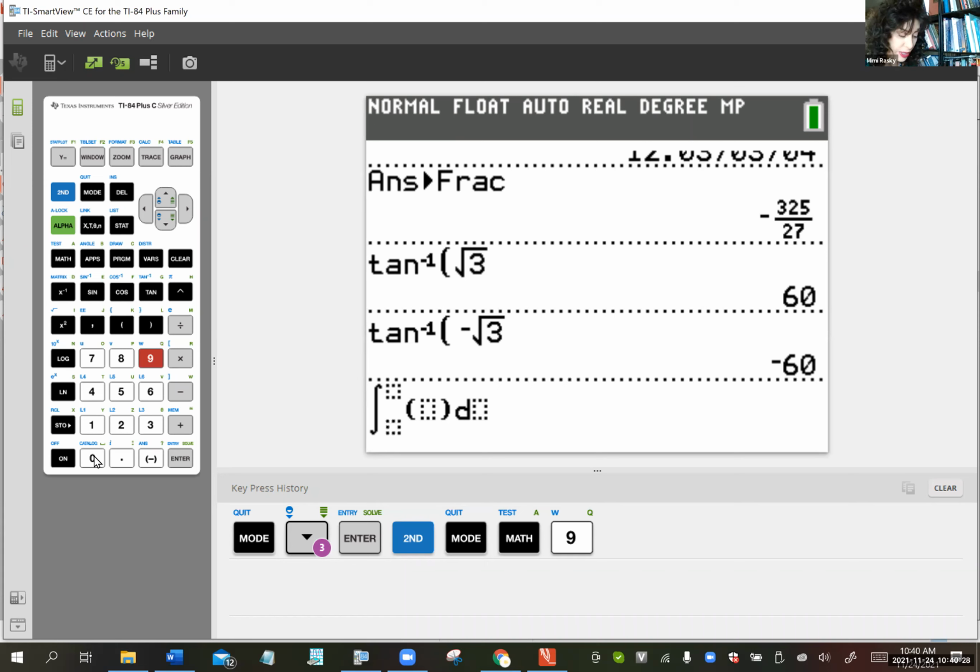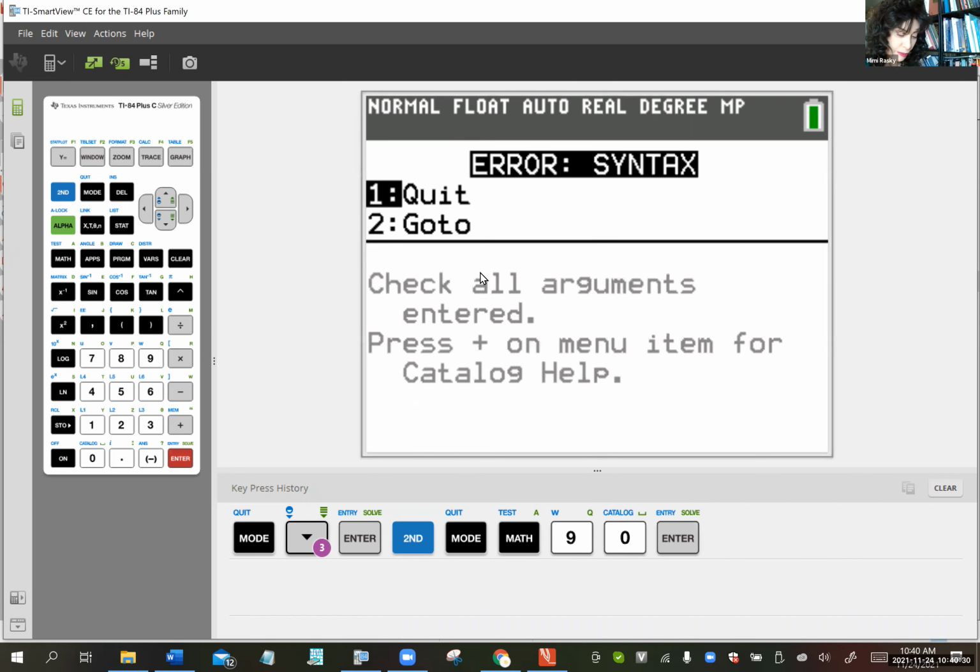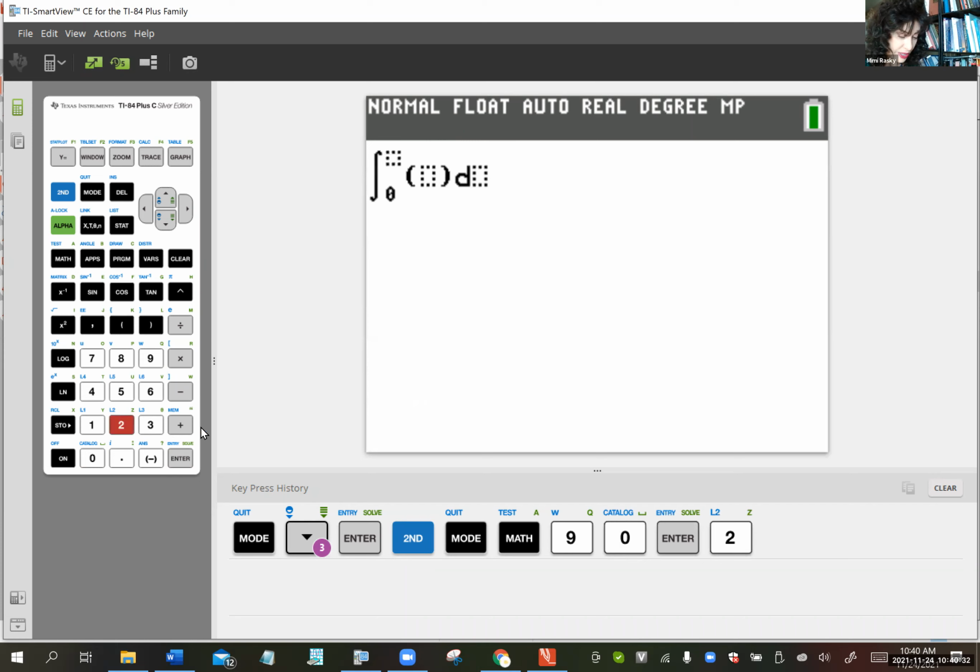It looks like they want the lower limit. Oops, I hit enter. That wasn't good. And then they want to know which variable I'm integrating with respect to. That would be x. Let's do the upper limit. That's 3. And then they want me to type all this in. Okay, well, let's do it.